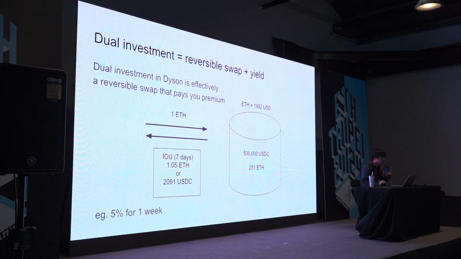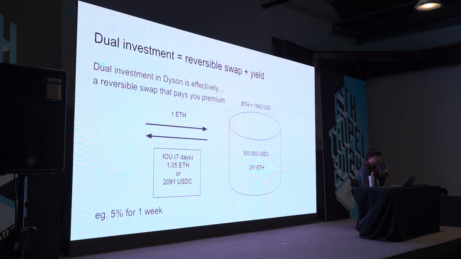Unless the price of ETH moves by a lot. So let's say you invest 1 ETH and eventually you get 1.05 ETH, then it will be profitable for you if it's denominated in ETH. But say your ETH gets converted into 2091 USDC, and unfortunately the price of ETH spikes up to say $3,000, then in theory you should get $3K net worth, but now you only have 2091.